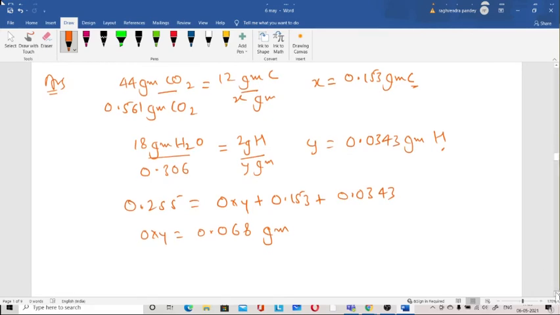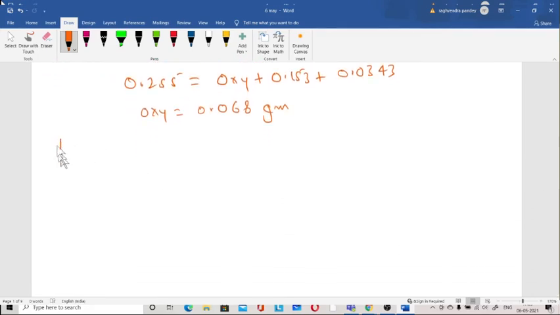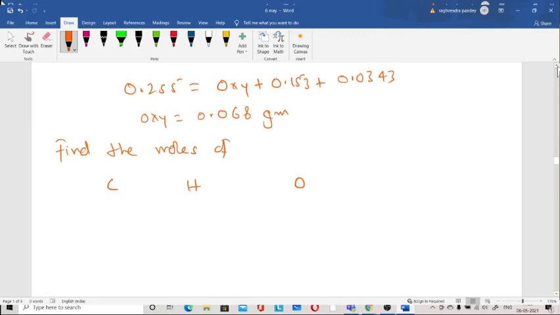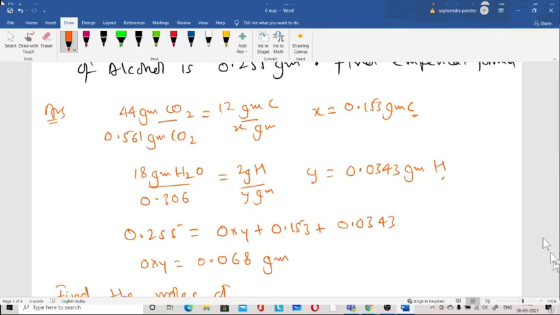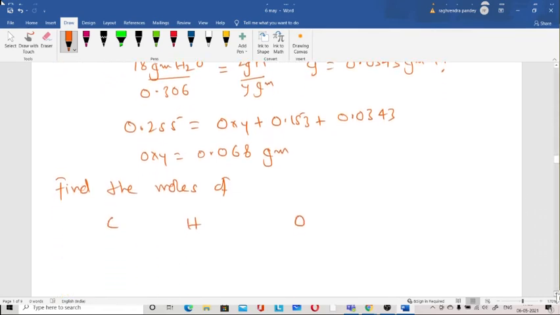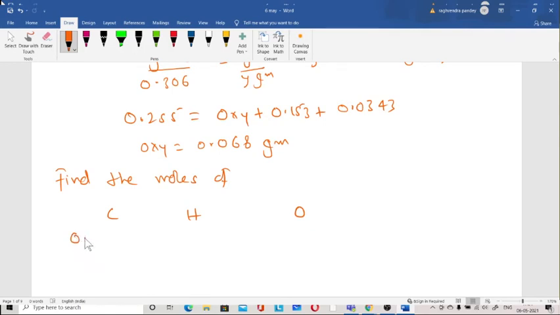So you got the weight of oxygen, carbon and hydrogen. Then our next step is to find the moles. As we did earlier, you have to find the moles of carbon, hydrogen and oxygen. The weight of carbon is 0.153 divided by 12. Hydrogen is 0.0343 divided by 1, and 0.068 divided by 16.